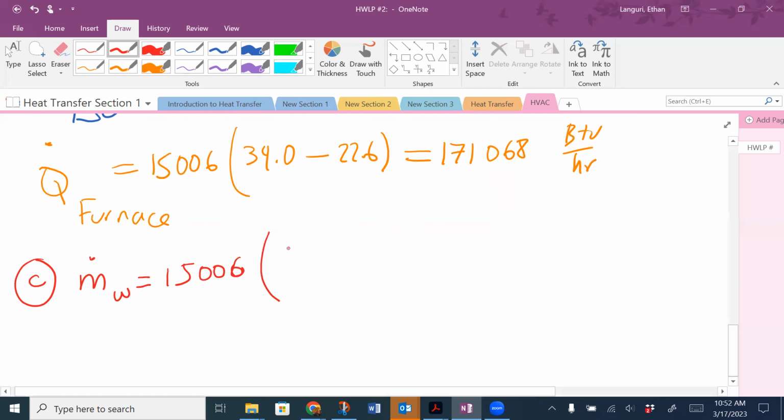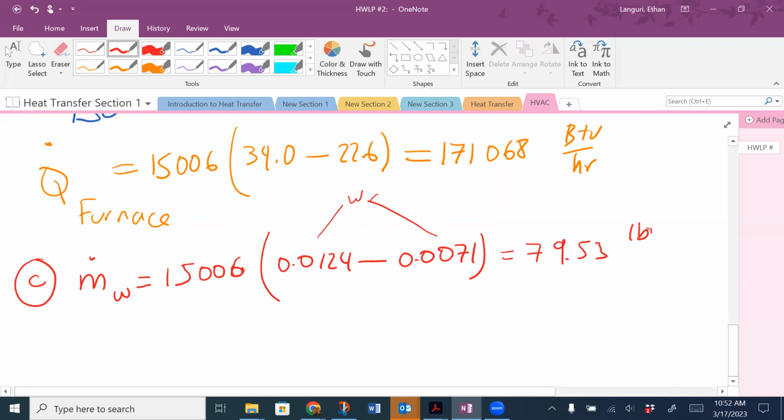So my supply 0.0124 minus my mixing point, which is 0.0071. This is coming from my supply, and this is coming from my mixing point W. And how can we find these W's? Just by going horizontal to the right and reading on the vertical axis. That gives me 79.53 pound mass per hour.